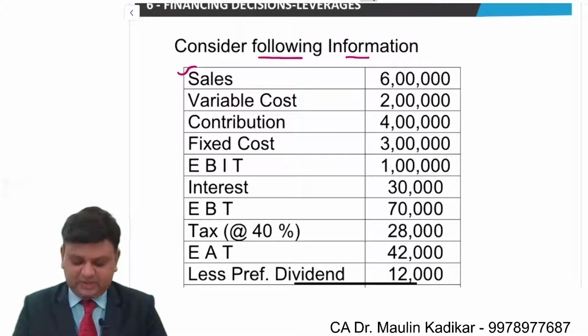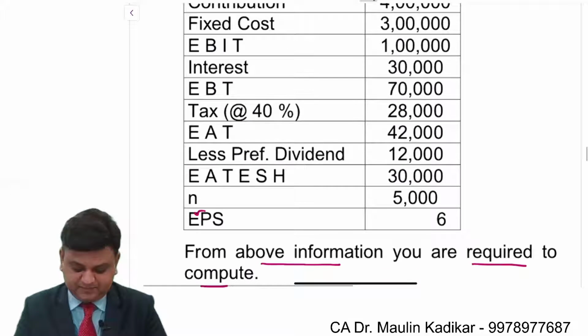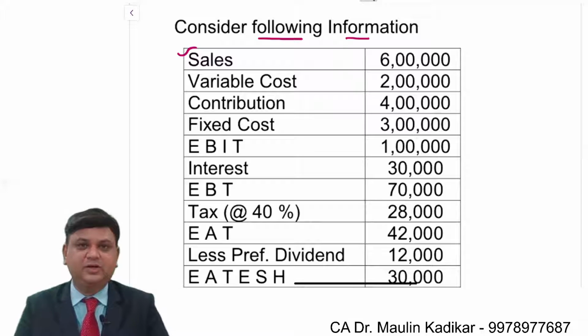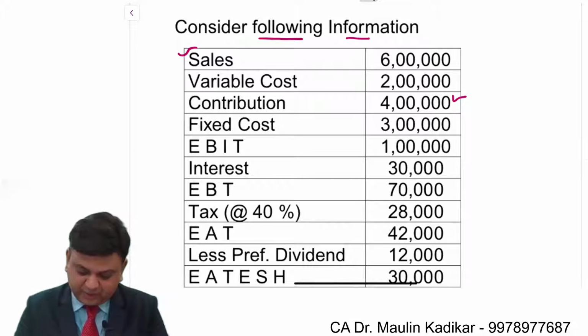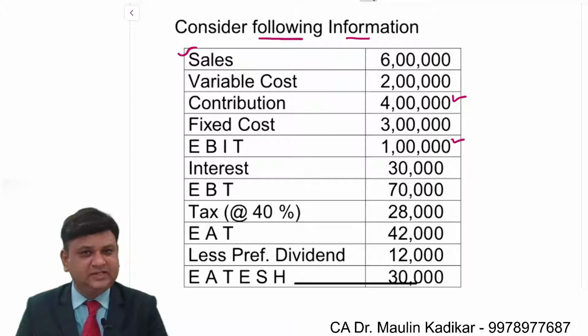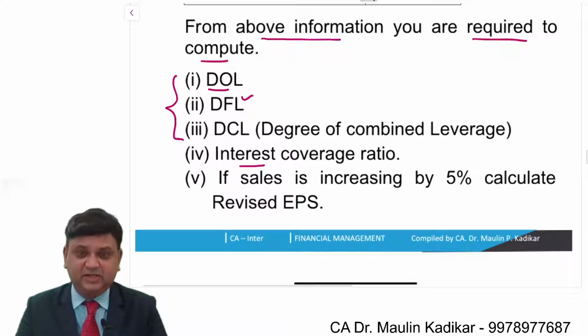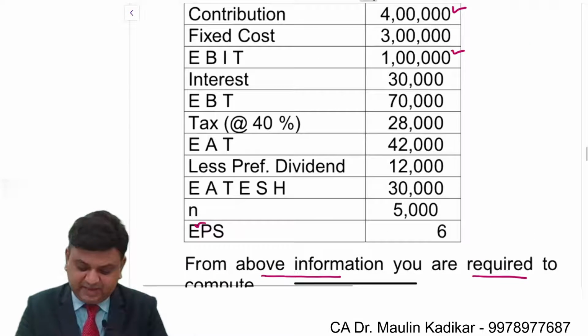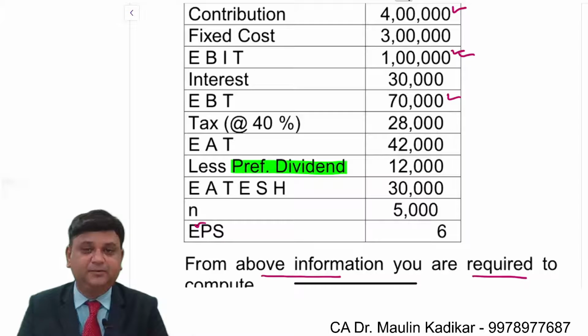So friends, the first question is calculation of the DOL, that is degree of operating leverage. I am doing first of all a small discussion with all of you, that is contribution upon operating income. With that, we can find the DOL. The second is the degree of financial leverage, that is EBIT is 1 lakh, EPT is 70,000, and importantly this time the information is provided to us even for the preference dividend.